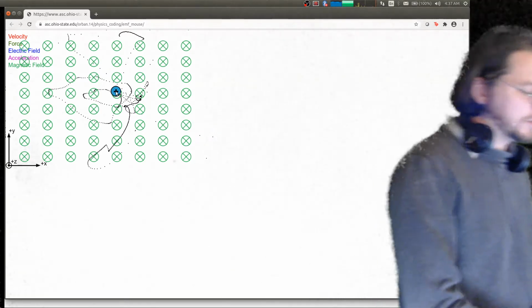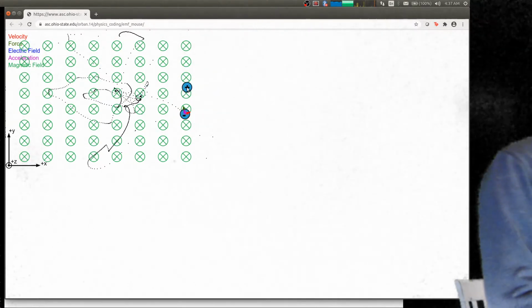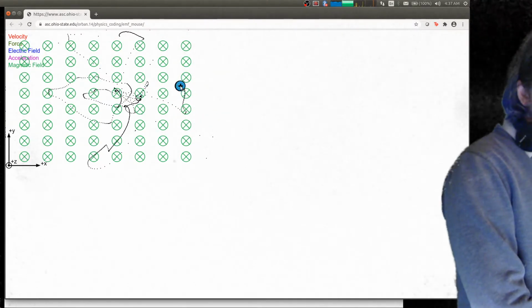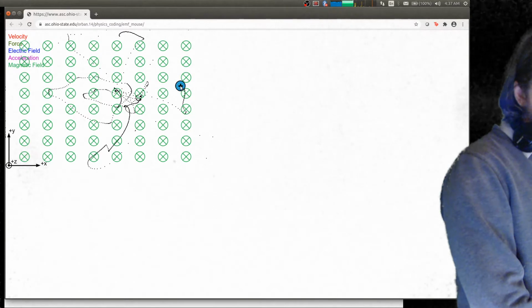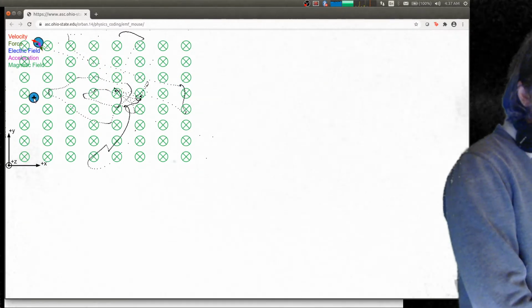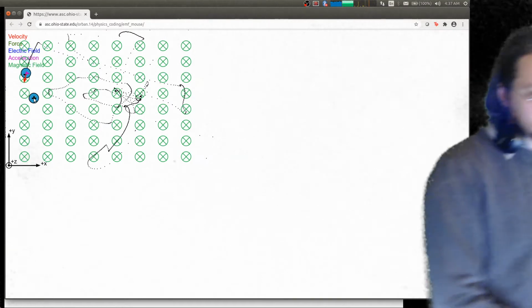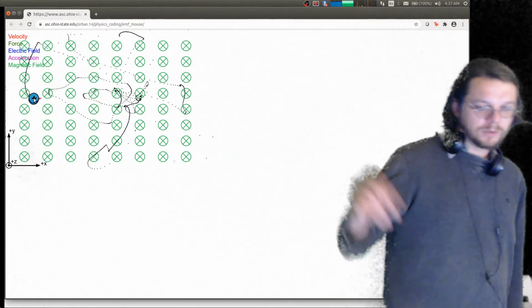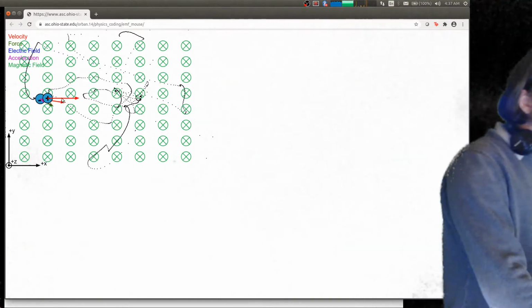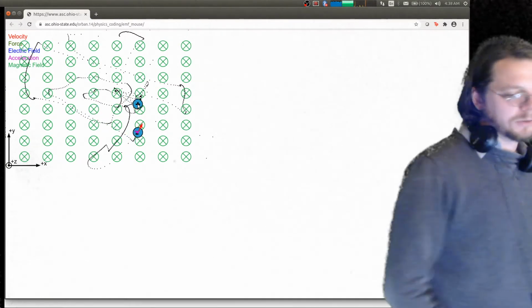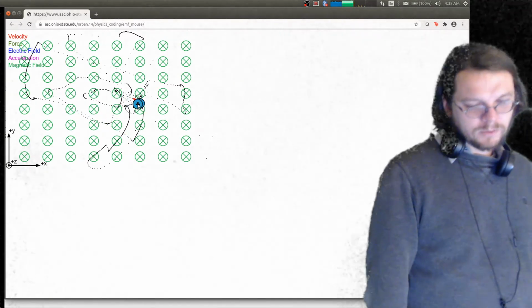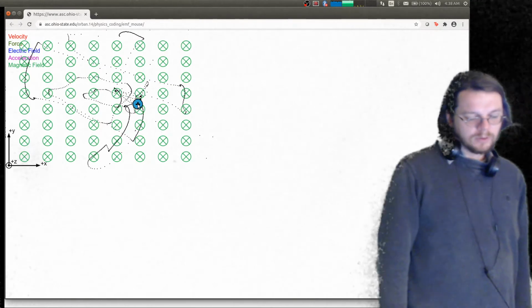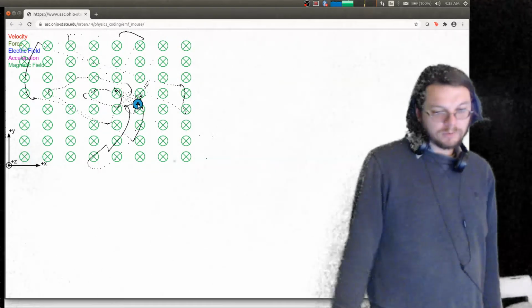But the fun thing is that there's also the magnetic force. If I move it to the left, you notice that my little electron goes up as it goes. But if I move it to the right, my electron goes the other direction. And so it's a little bit like the EMF that they're talking about in the video.